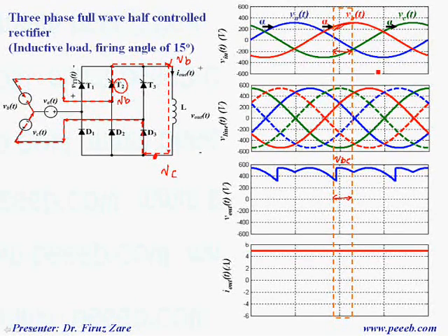And just at this point, because phase A is lower than phase C, beyond this time this diode should conduct, and the reason is that phase A is lower than phase C.